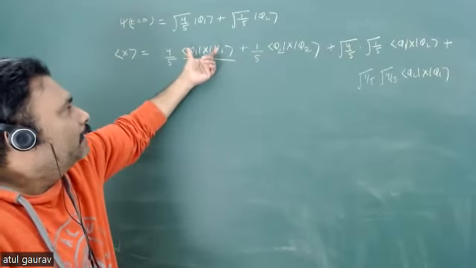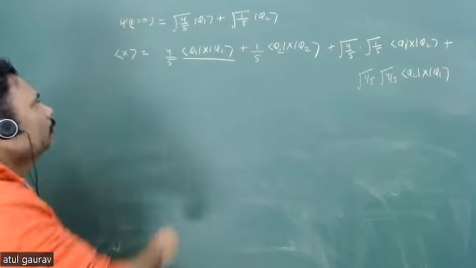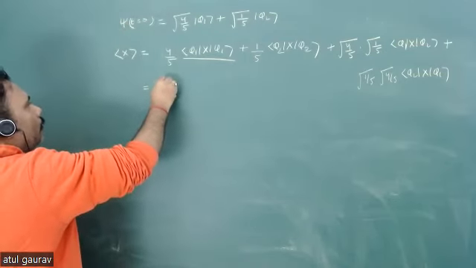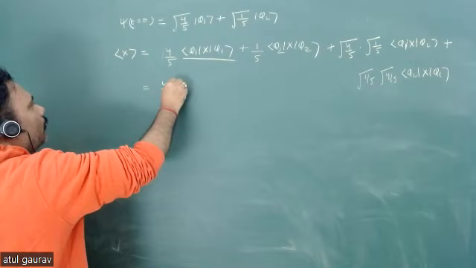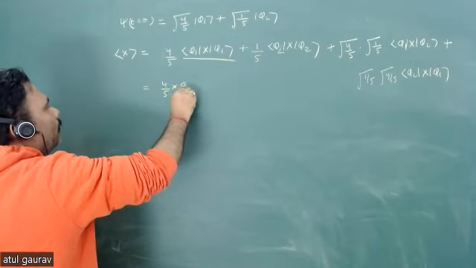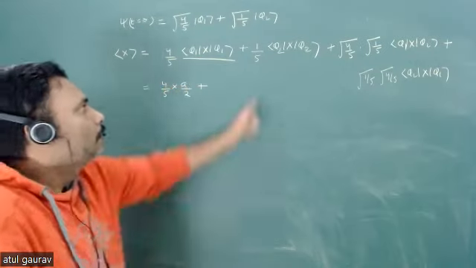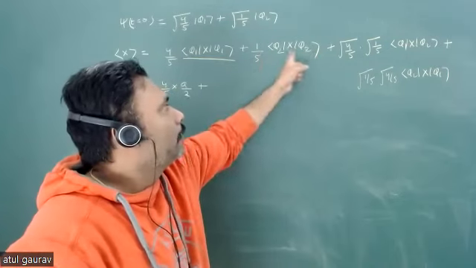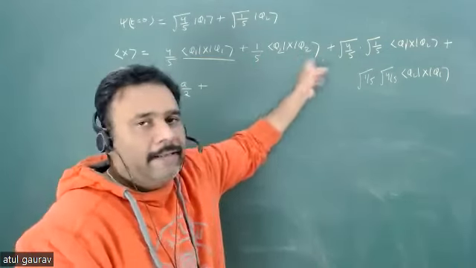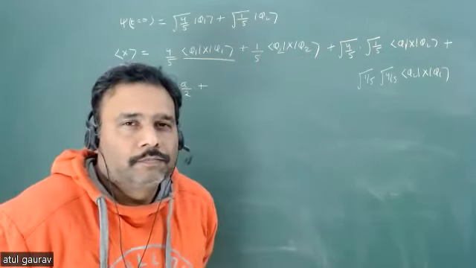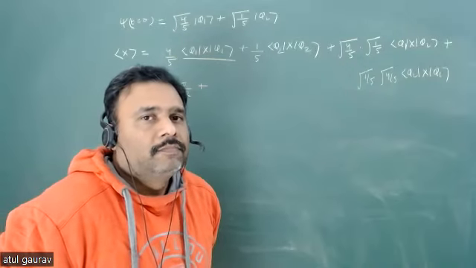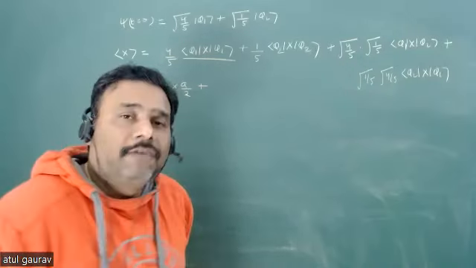क्या है ये? एक्सपेक्टेशन वैल्यू ऑफ x इन ग्राउंड स्टेट. So this value is equal to what? 4/5 into a/2 plus what is this value? Without calculation बताइए, ये क्या बता रहा है? Expectation value of x in first excited state.